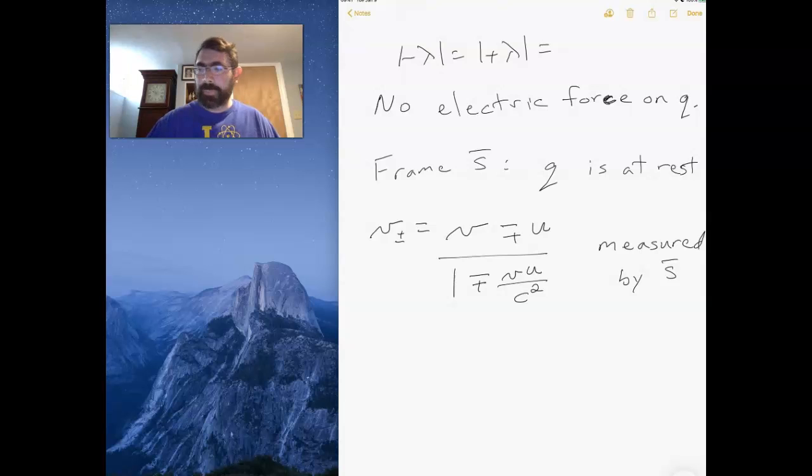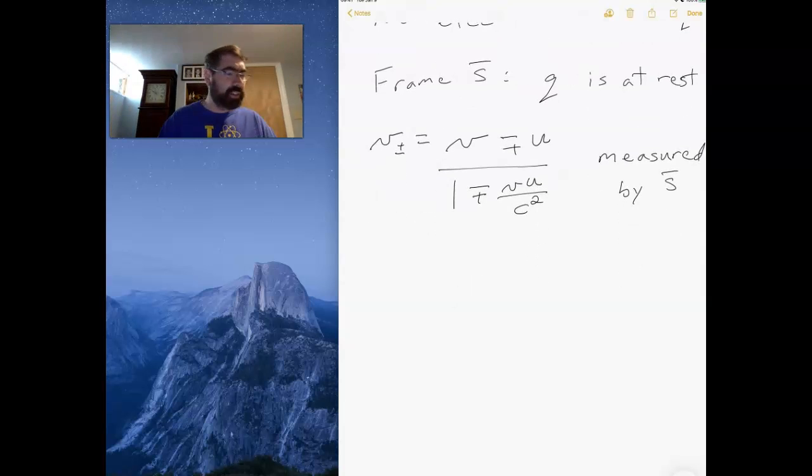Okay, so let's take a look at the actual charges themselves.